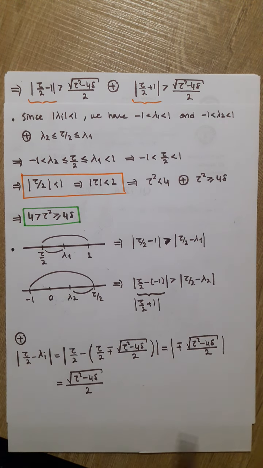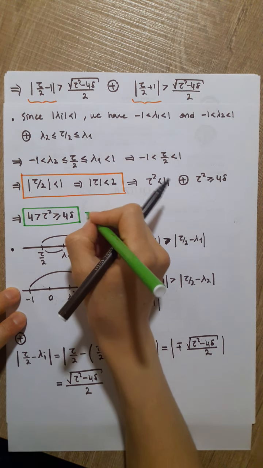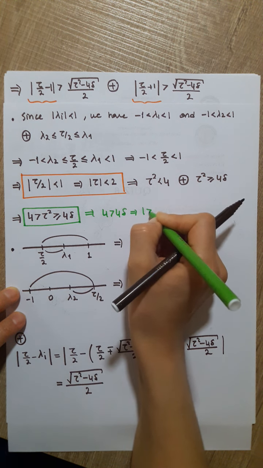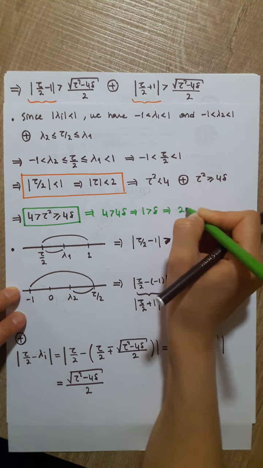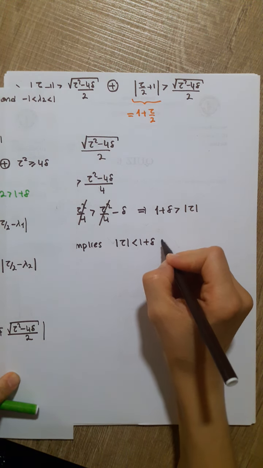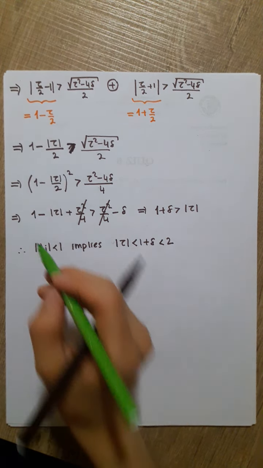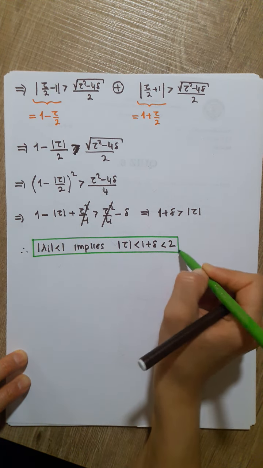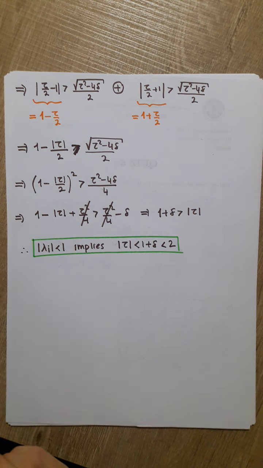And from here we know that 4 is greater than 4 delta, which means 1 is greater than delta, so 2 is greater than 1 plus delta. So I will write it here, less than 2. So we have shown one side of this statement. Okay. Now it's time to show the other side.